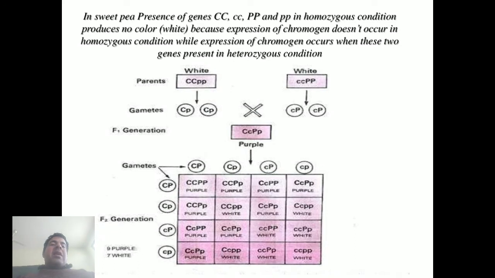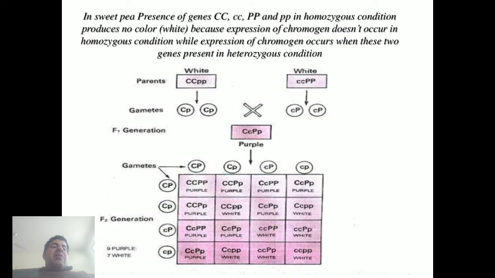But we can see two types of alleles having white color crossing in the F1 generation, and we get a purple color hybrid. Further, in the F2 generation, we notice that white color is produced by either homozygous recessive of the C gene or the P gene in both cases.